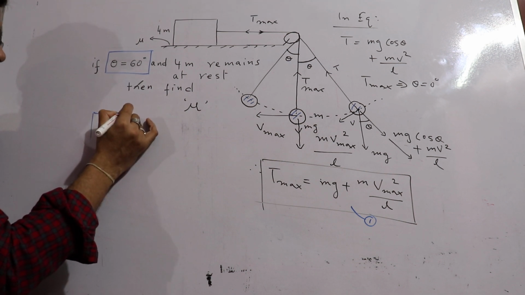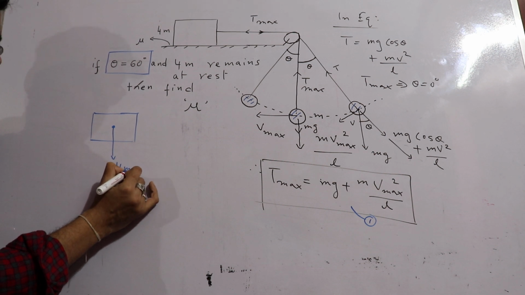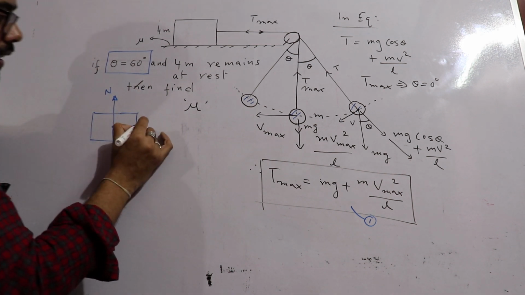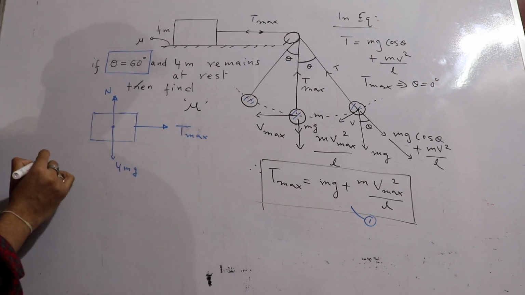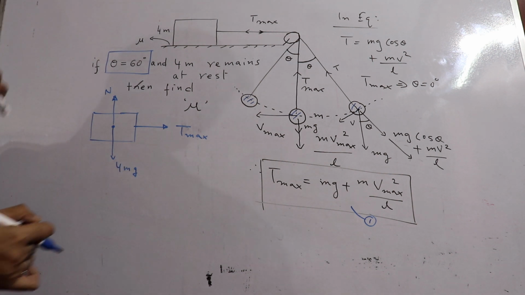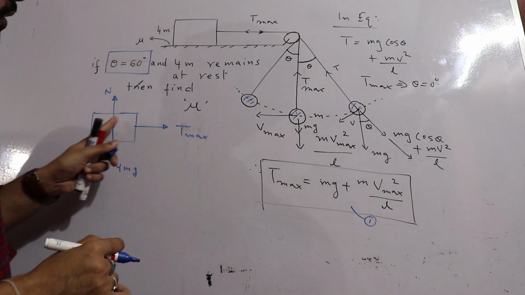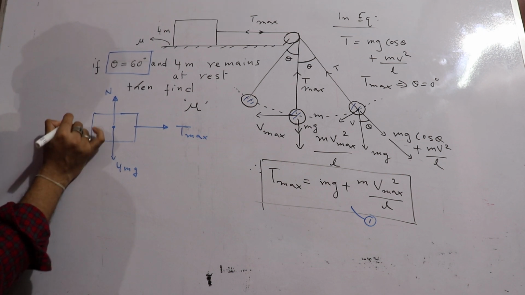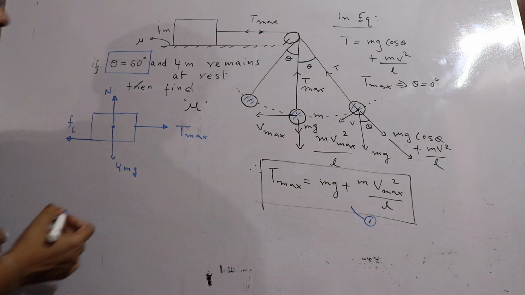Consider the block of mass 4m. Its weight acts downward, 4mg. The table surface gives it some normal reaction N. Suppose in this direction T max is acting. This is the maximum force that can pull the block. For the block to remain just at rest, even when the maximum tension is acting on it, it must experience a limiting friction equal to T max.